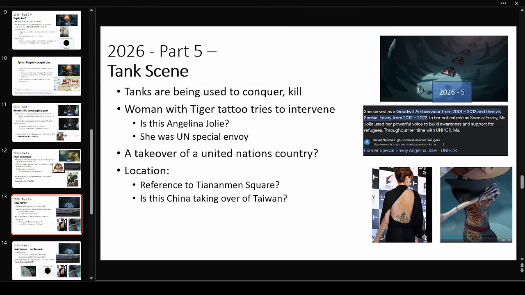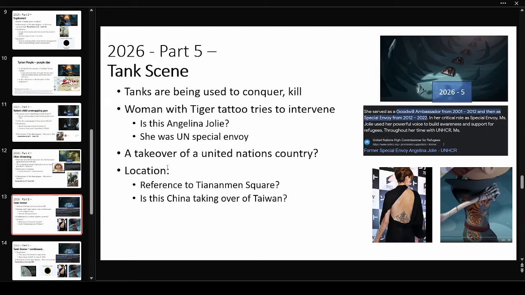As we've seen covered by many people, Angelina Jolie has this very distinctive tiger tattoo, which is almost in the exact same shape. Just insane. She served as a goodwill ambassador and a special envoy to the UN. So expect possibly in 2026 for Angelina Jolie to reappear on the scene to possibly stop this death.